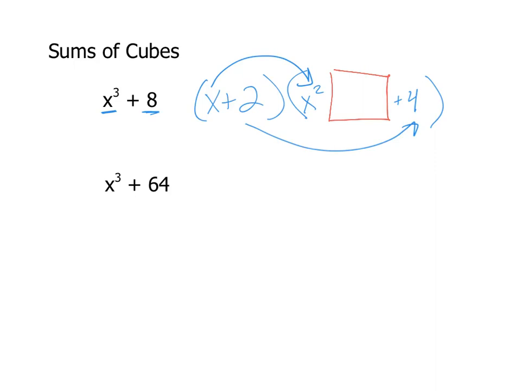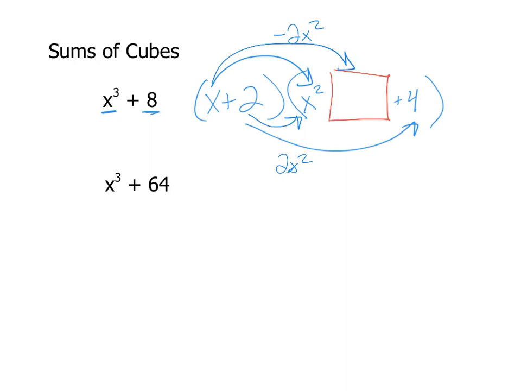Well, let's play a little bit more with this distributive property. I know that if I multiply 2 times x squared, that's going to give me a positive 2x squared. But there is no x squared term in x cubed plus 8. So whatever I multiply x by has to cancel out that positive 2x squared.